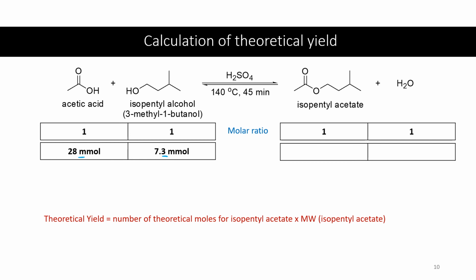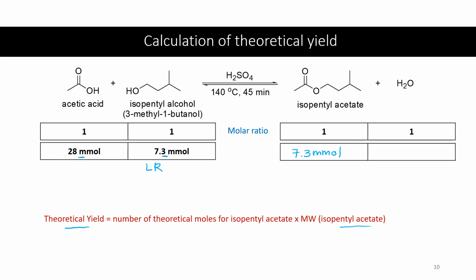Since it's a 1 to 1 ratio, obviously isopentyl alcohol will be the limiting reagent. And since the molar ratio between that versus the product is also 1 to 1, we can expect 7.3 millimoles of isopentyl acetate to form theoretically. Then, in order to get the theoretical yield, we multiply the number of theoretical moles times the molecular weight of isopentyl acetate.